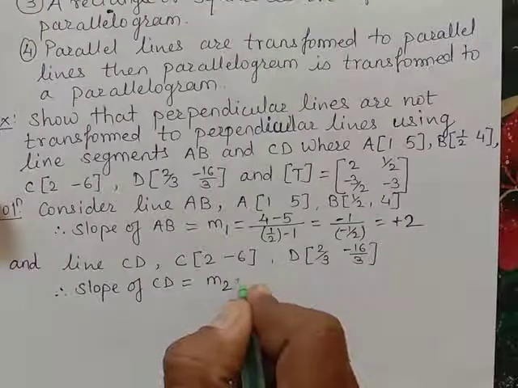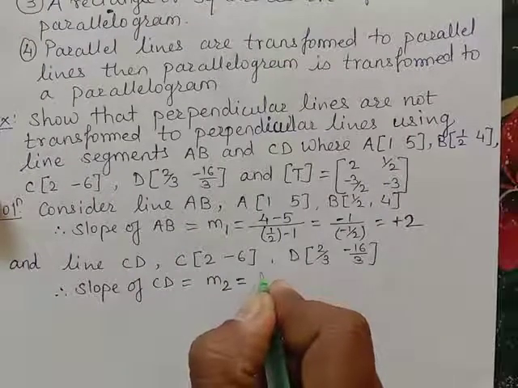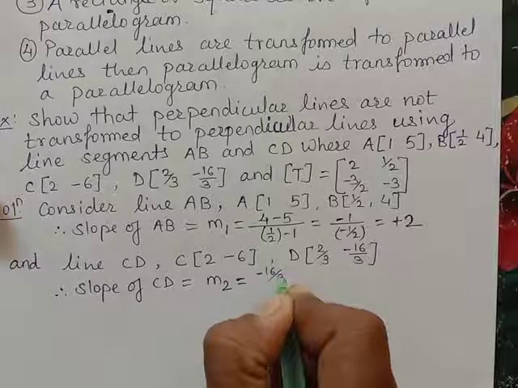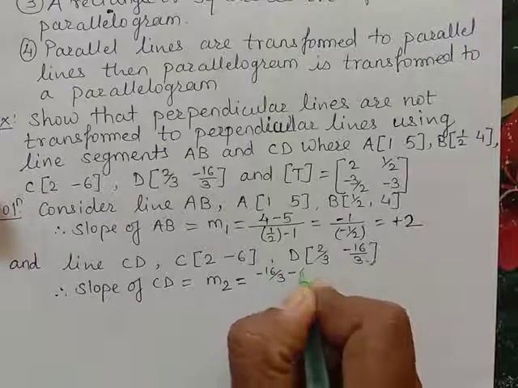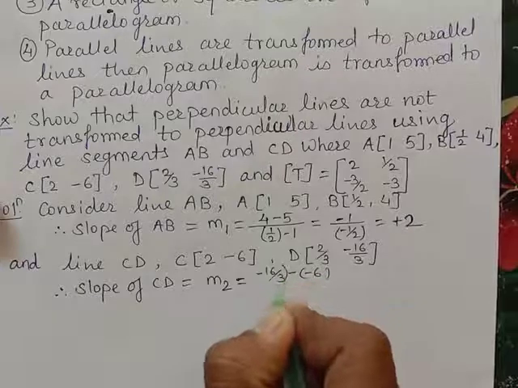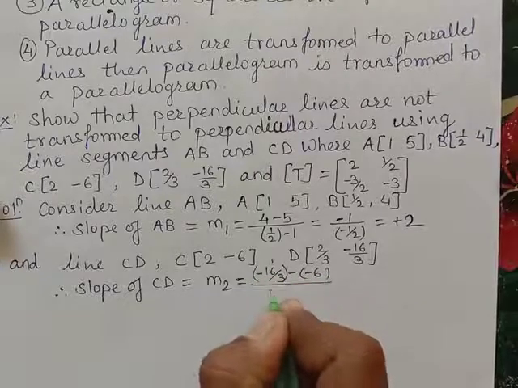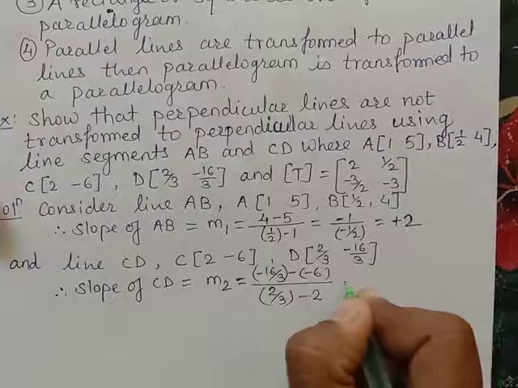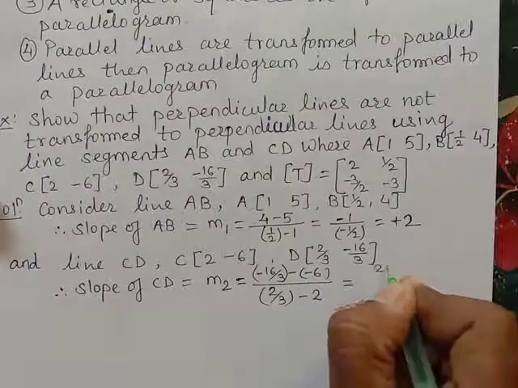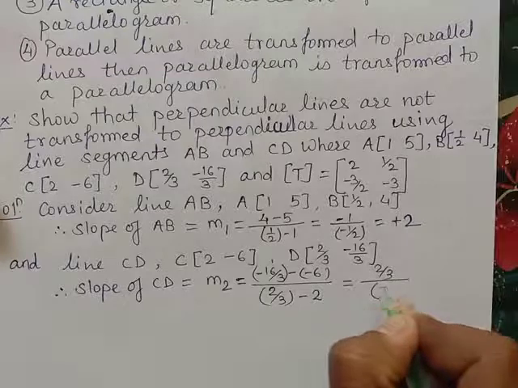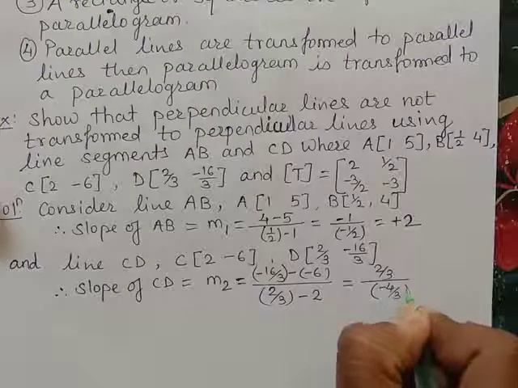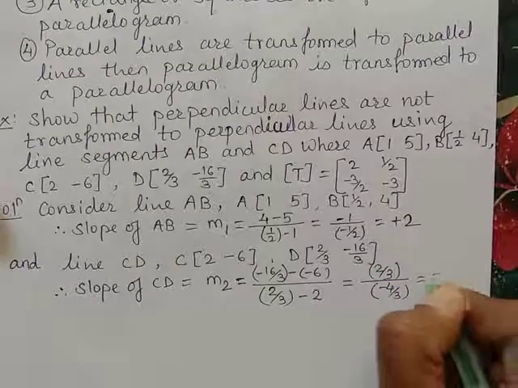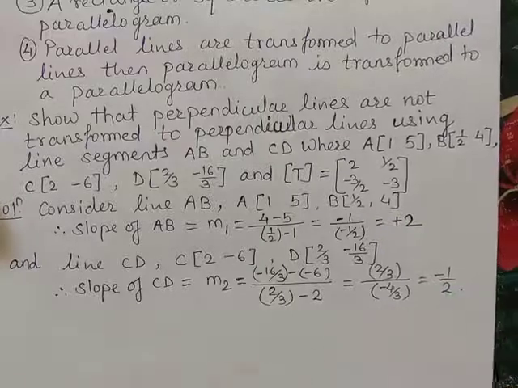M2, that is what? Minus 16/3 minus of -6, upon 2/3 minus 2. So it is 2/3 upon minus 4/3. So that will be minus half.